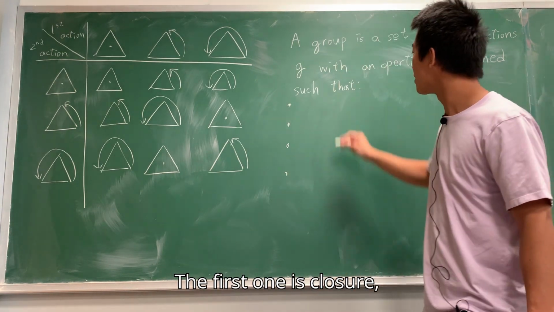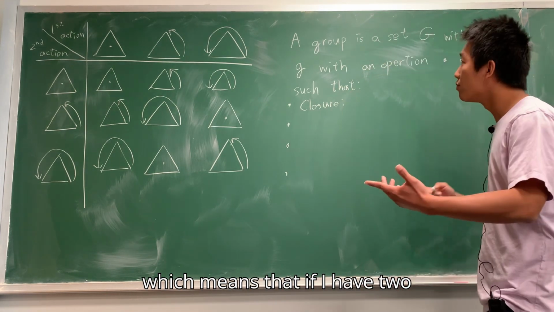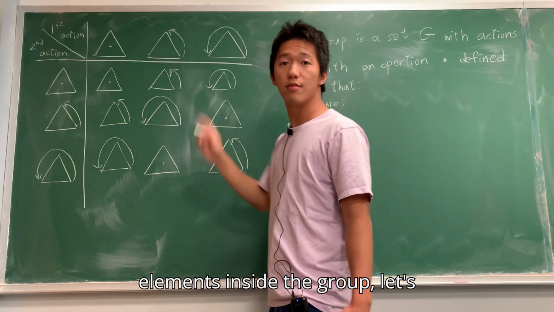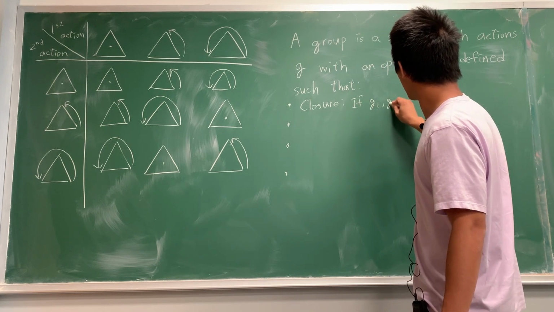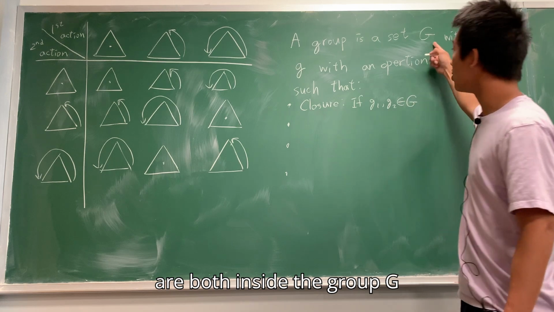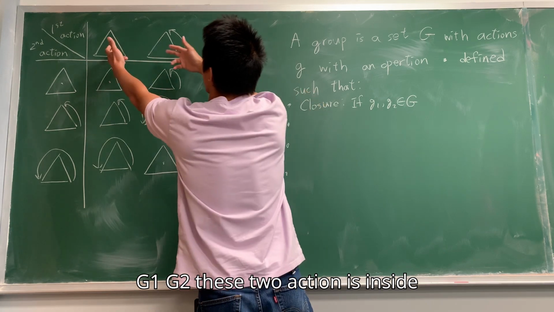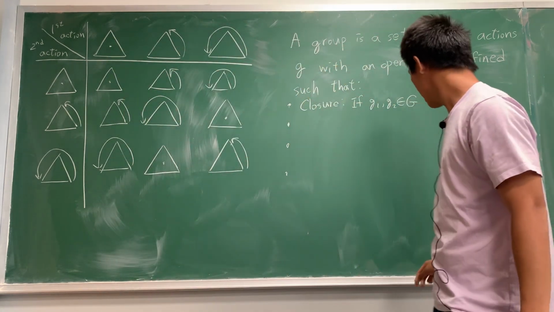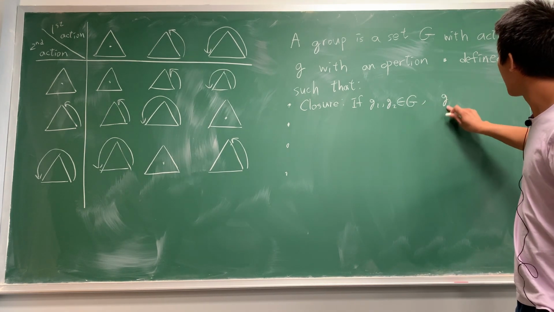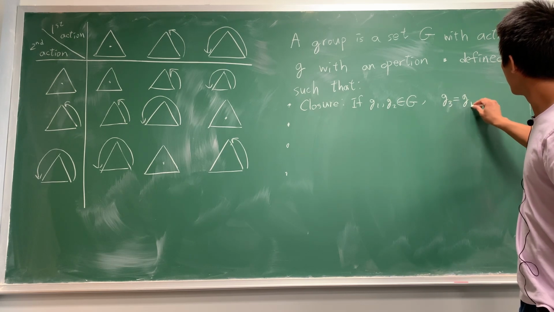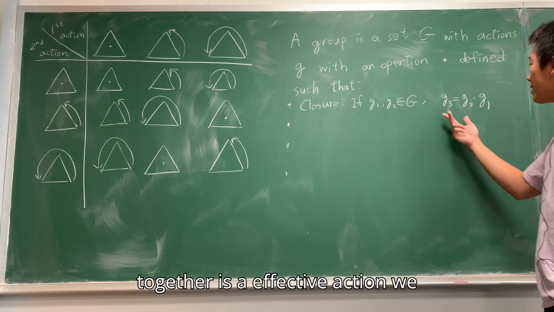The first one is closure, which means that if I have two elements inside the group, let's say g1, g2 are both inside the group G, or the set G, and here we can say g1, g2, these two actions are inside the set G, then acting g1 after g2 or g2 after g1 together is an effective action.